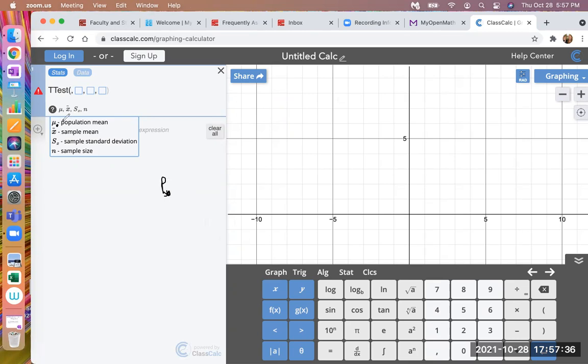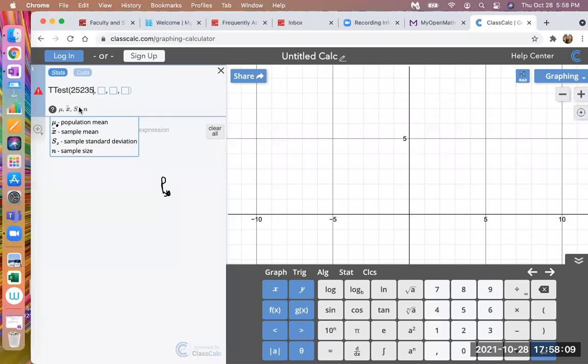So the same thing, the population mean, that's what we're trying to find out information about: what is the average student loan. And so they believe it to be, you said, 25,235? Yeah, 25,235.